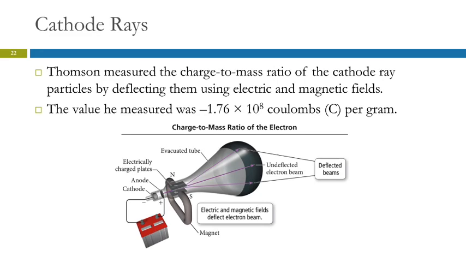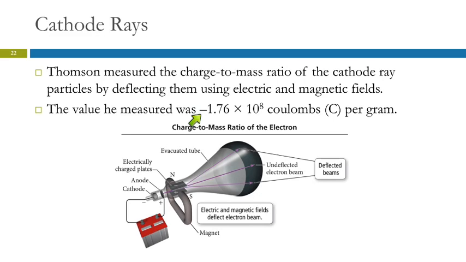And so by measuring the strength of those fields, where's my pointer? The strength of the fields that he applied here, and then looking at how it deflected them, he could measure the charge to mass ratio. So he didn't know what these individual particles were yet, but he was just messing around and figuring stuff out.